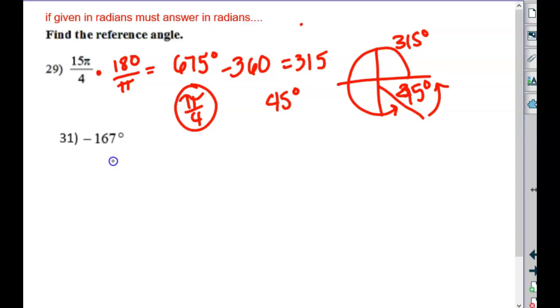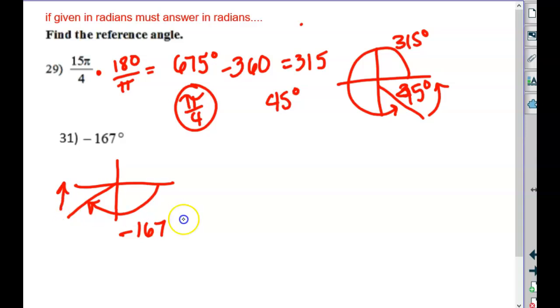Negative 167. You could draw it. It would be here. So what do I need it to get to this way? Yeah, the 180 line. So if you just did 180 minus 167, because you need a positive answer, is that 13?